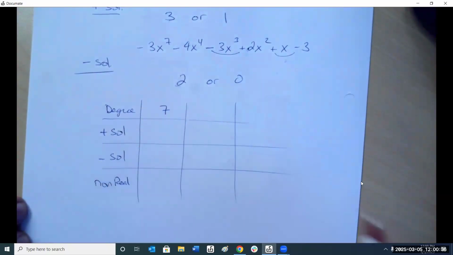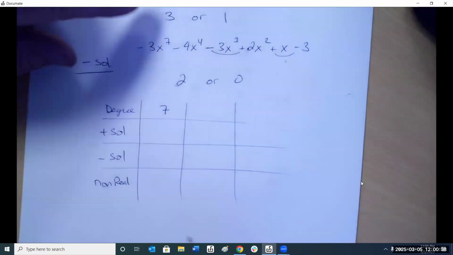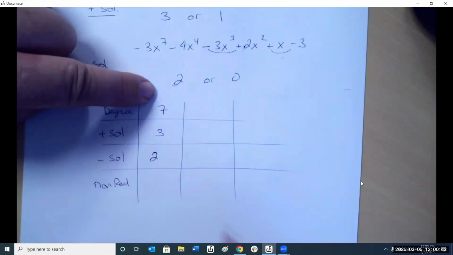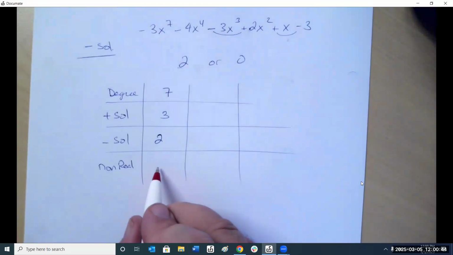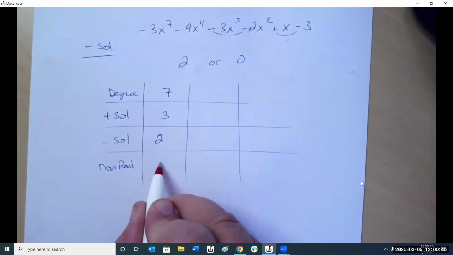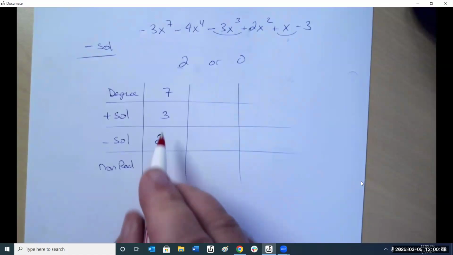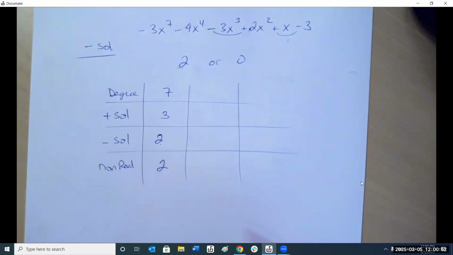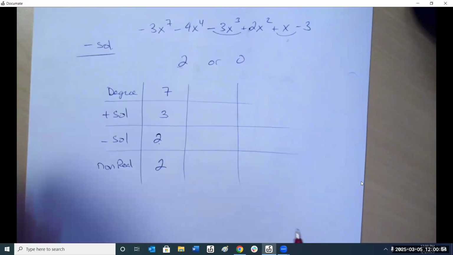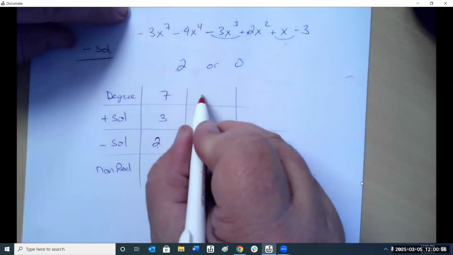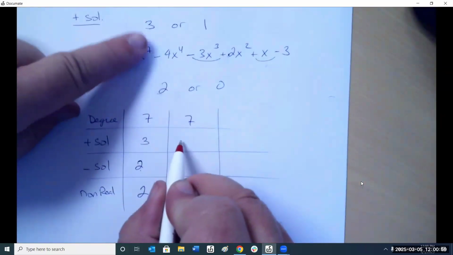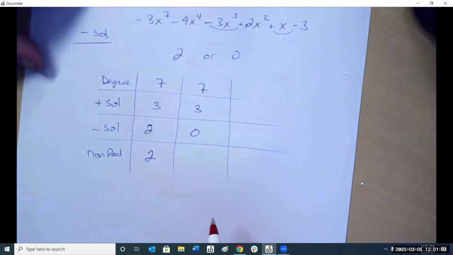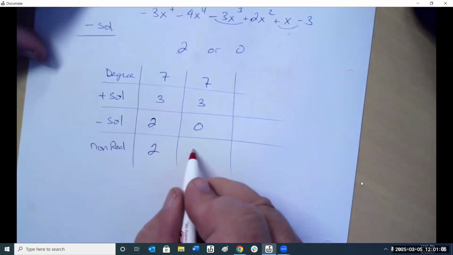The degree is 7. So we can have 3 positives, 2 negatives, which means how many non-reals do we have to have? 3 plus 2 is 5. How many more are we missing? 2. We could do 3 positives, no negatives.